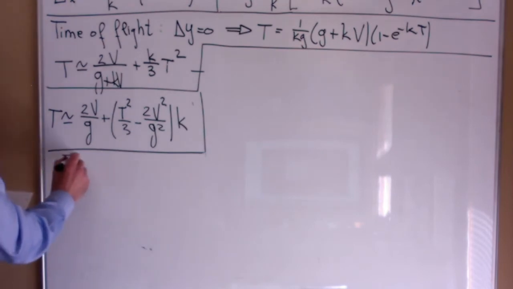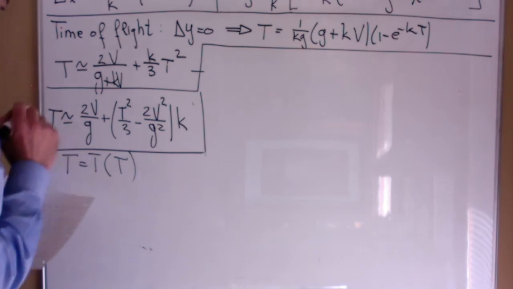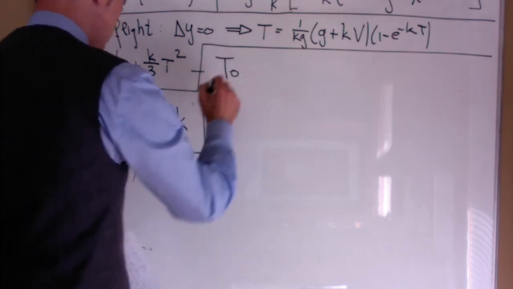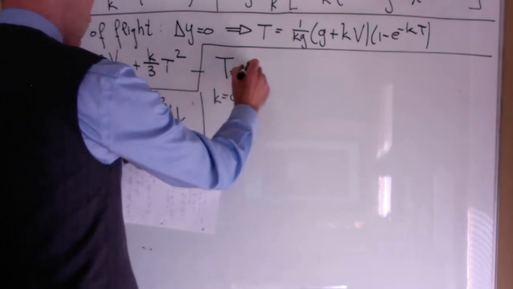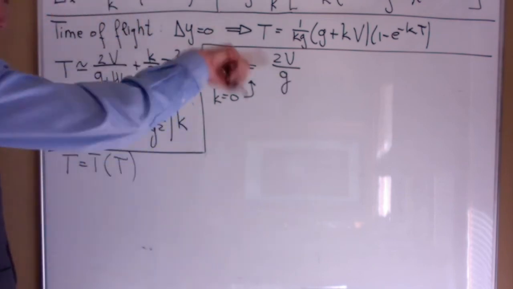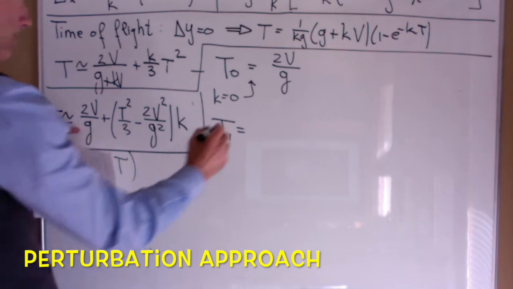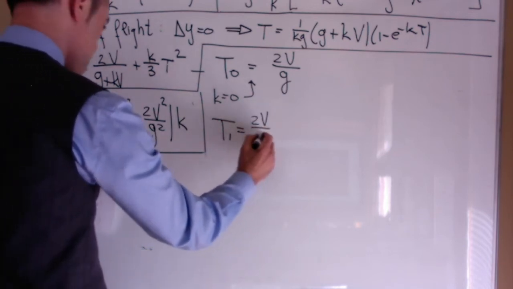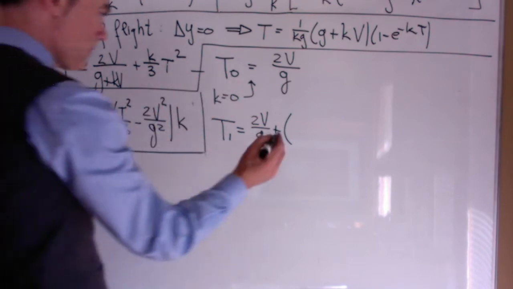But this result still has the time of flight as a function of the time of flight. For k equal to 0, we recover the case without air friction: T0 equals 2 times the initial y velocity over g. Now it's when the perturbation approach comes into play. We substitute the k equals 0 solution into the approximate equation.